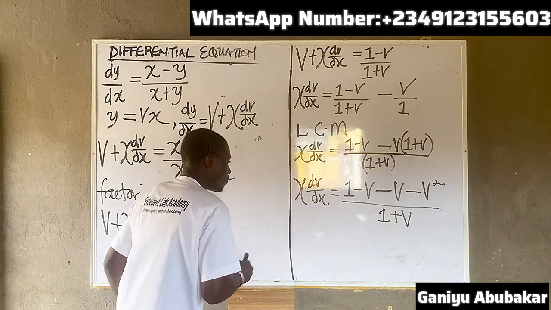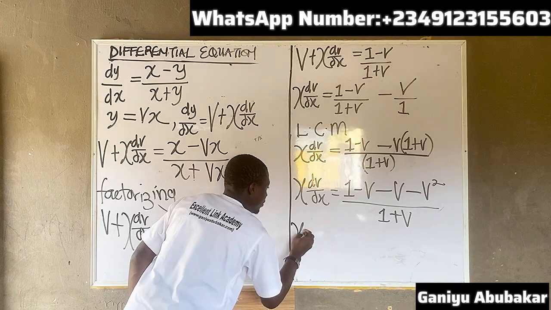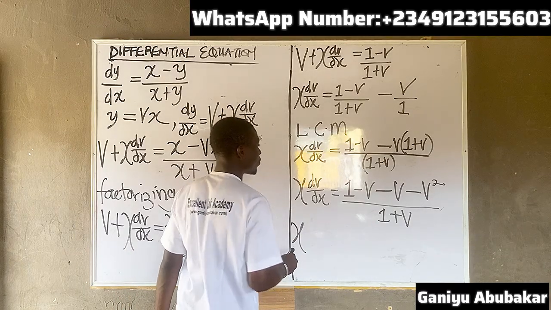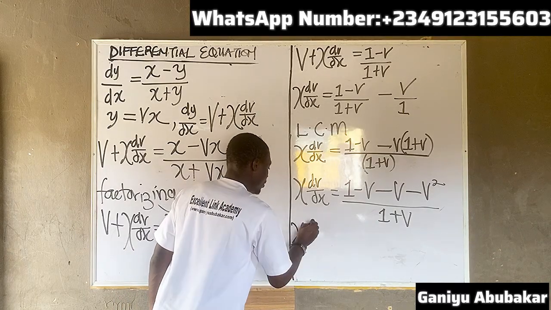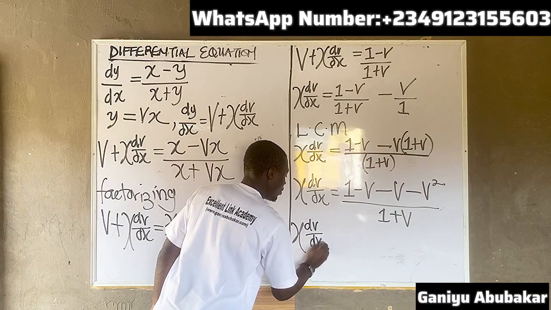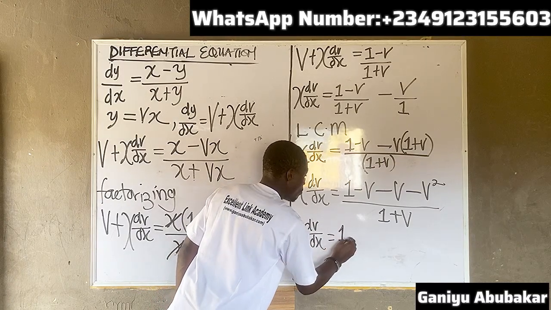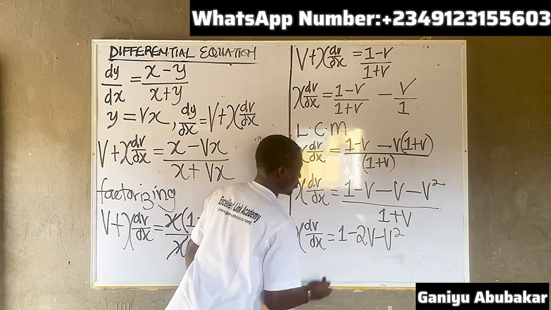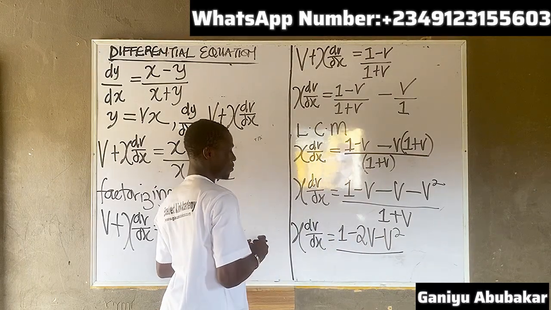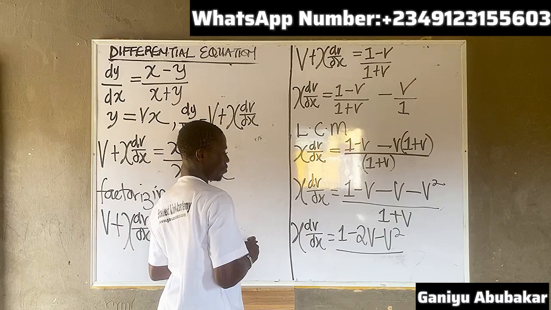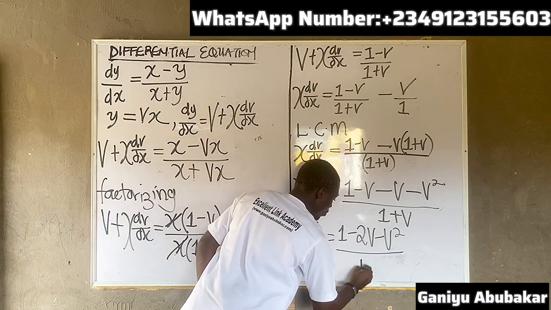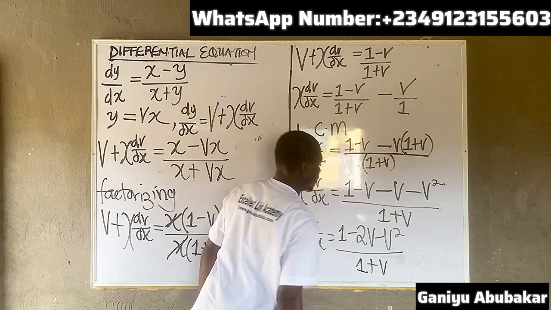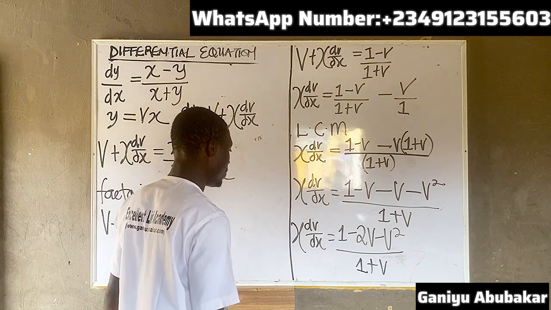From here, x dv over dx equals 1 minus 2v minus v squared all over 1 plus v.